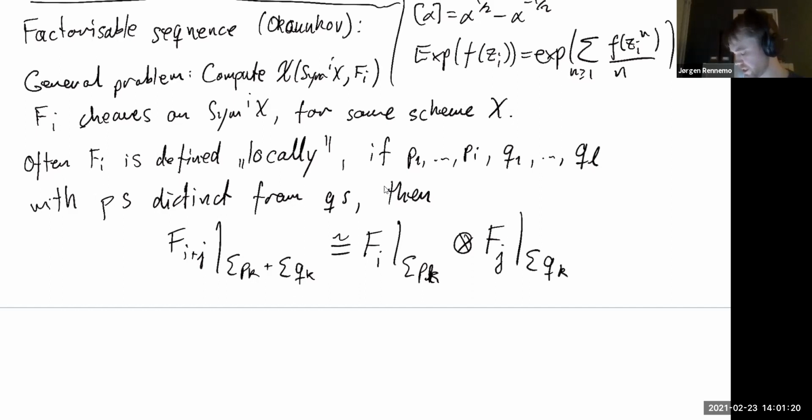It's actually given as a tensor product of the fibers of the sheaves evaluated on the P's and the other sheaf evaluated on the Q's.